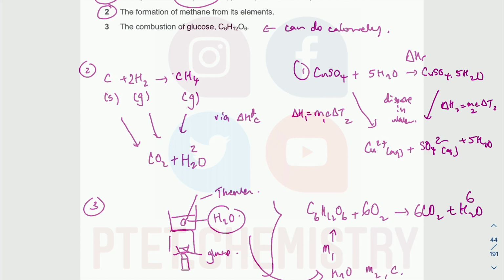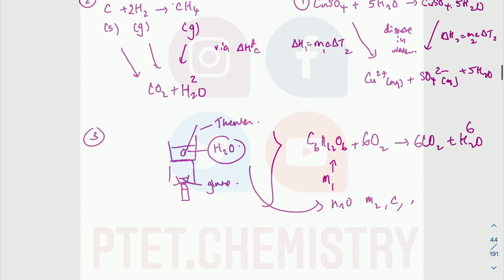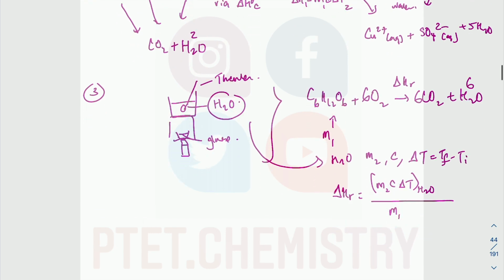You have the heat capacity of the water, C, and the delta T, which is TF minus TI. To work out the enthalpy change, you have MC delta T of the water, divided by the mass of the glucose over the Mr of the glucose.